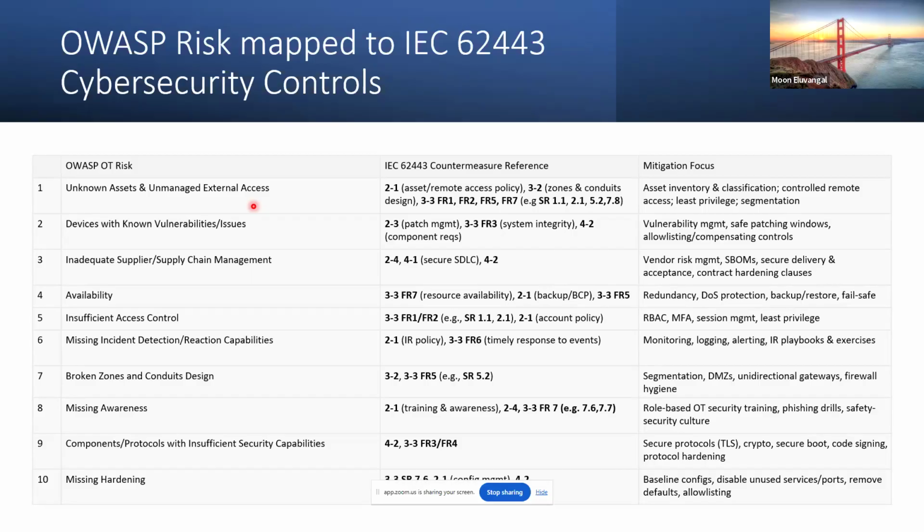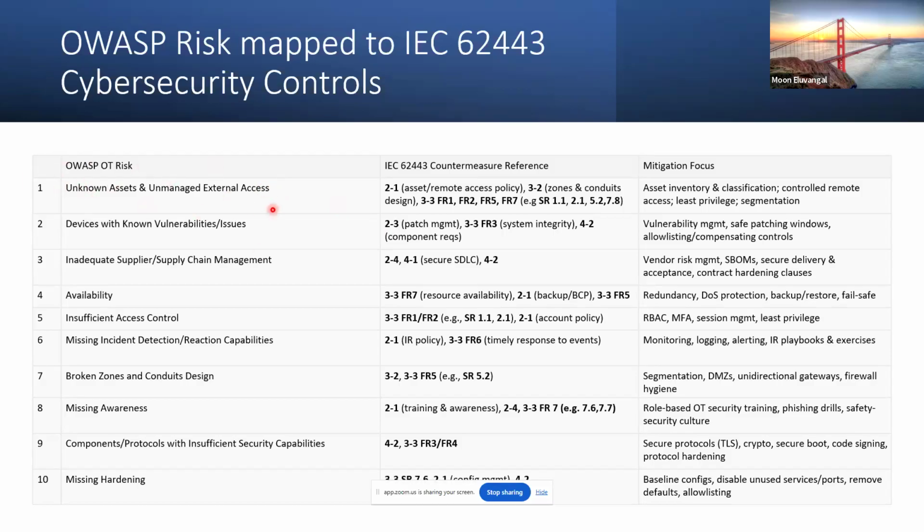And some of you might be familiar with the Shodan tool, which has a separate tab for OT, and you can see there are a lot of OT systems directly exposed on the internet. So this is what the OWASP community is trying to focus on.